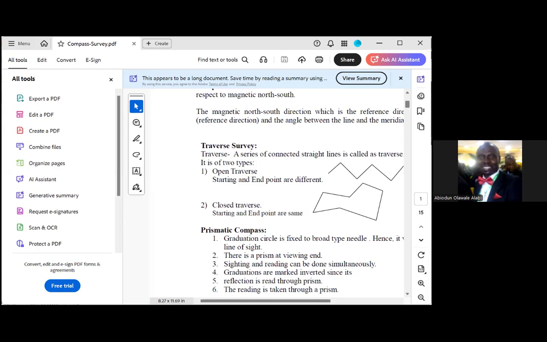So that is accuracy. Then what is precision? We say that is the consistency of a set of measurements. If you have a degree of consistency in a set of observations or measurements, then that measurement is precise.